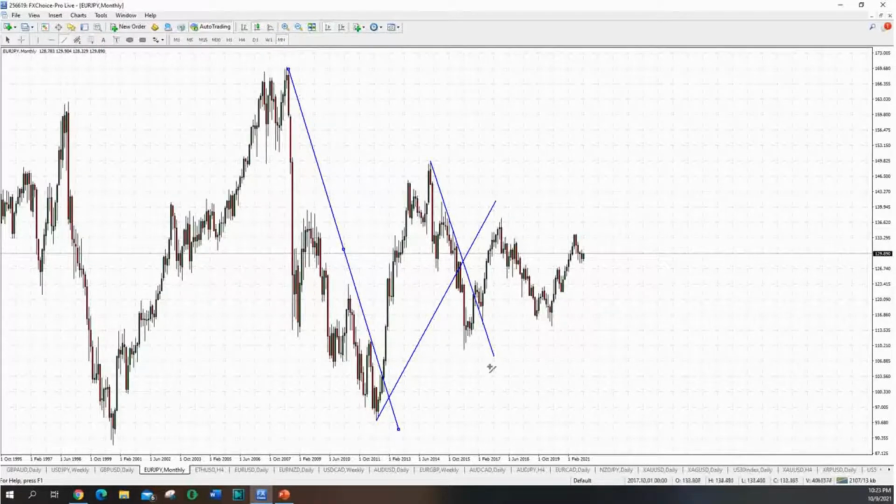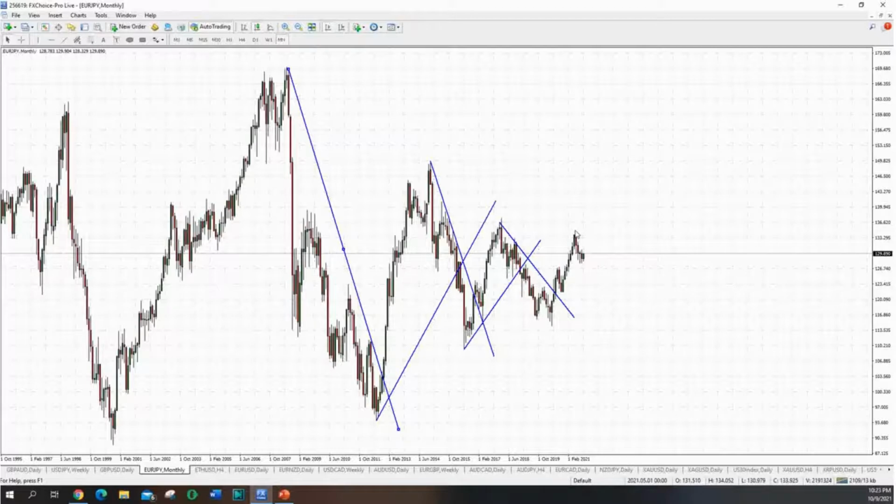Let's see. Okay, it was trending up and then broke the trend line to the downside again, and let's do one more. It was trending lower and then broke to the upside.